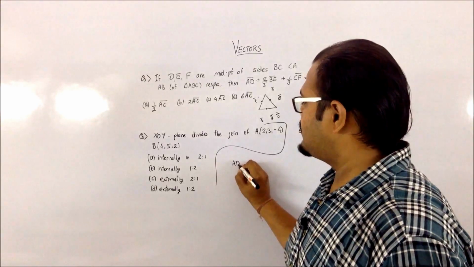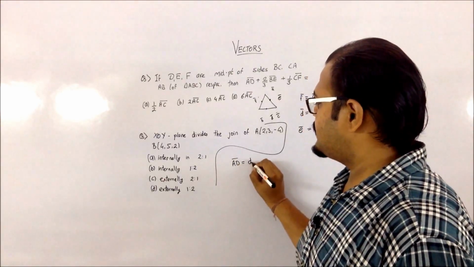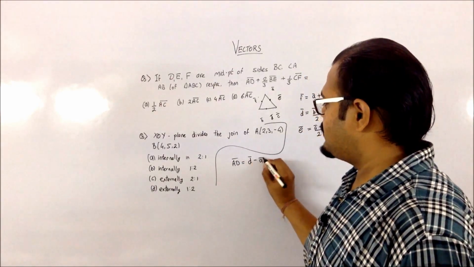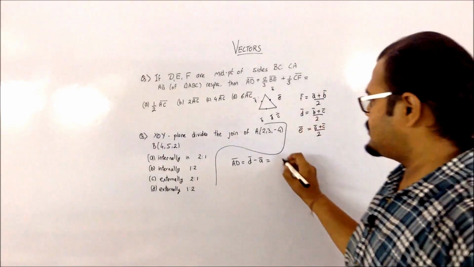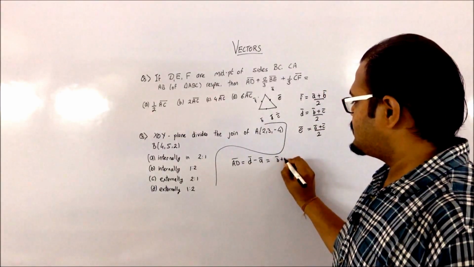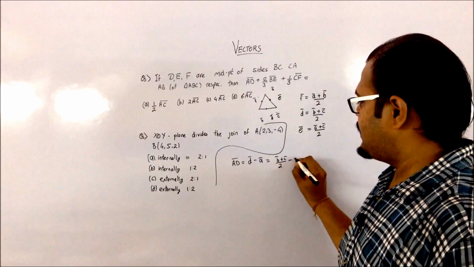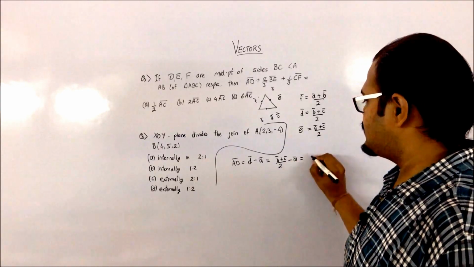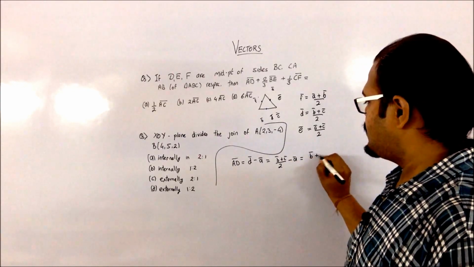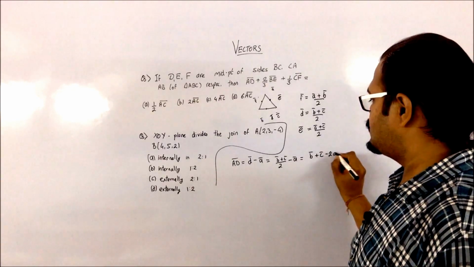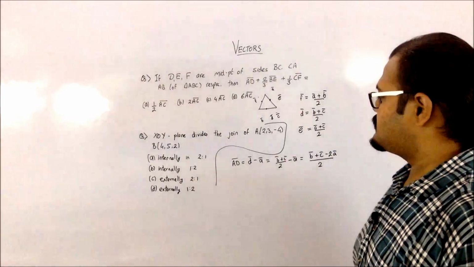So my AD bar will be basically the position vector of D bar minus A bar. I know that D bar is B bar plus C bar by 2, so minus A bar, this will get us B bar plus C bar minus 2A bar by 2.